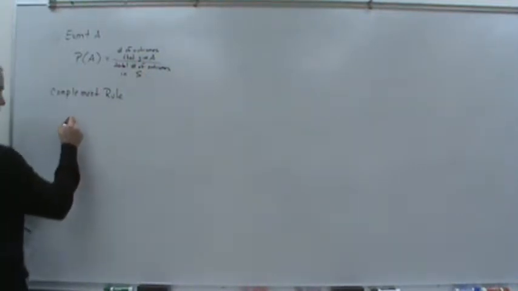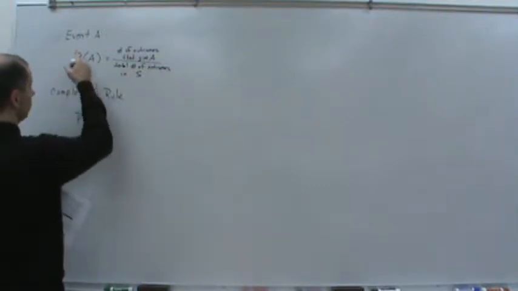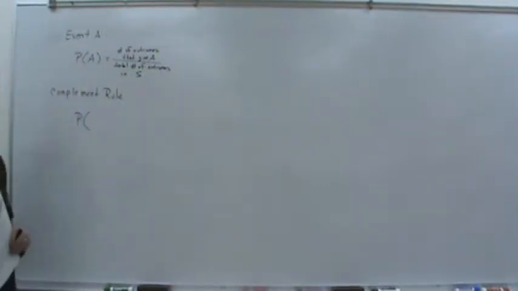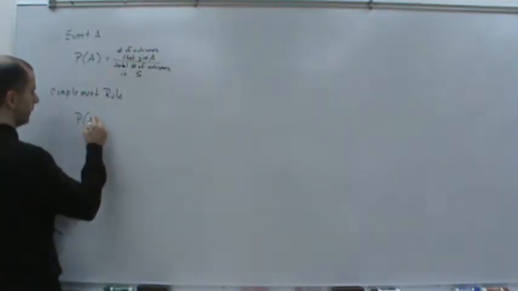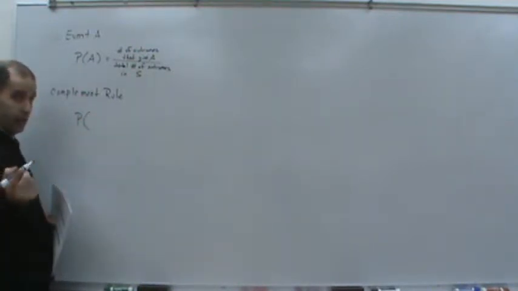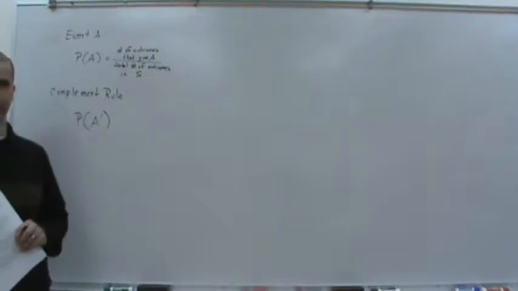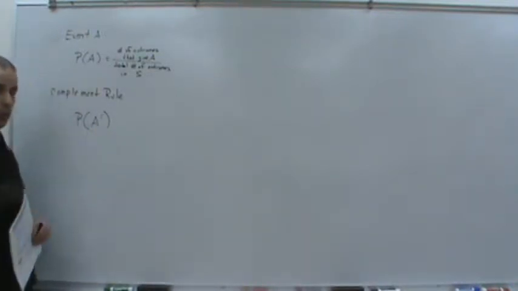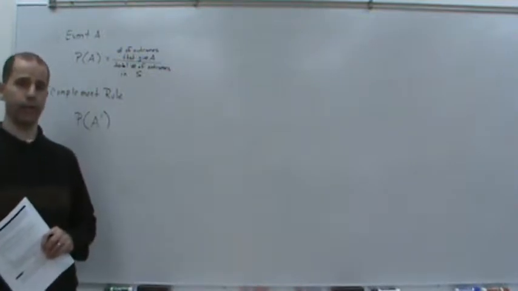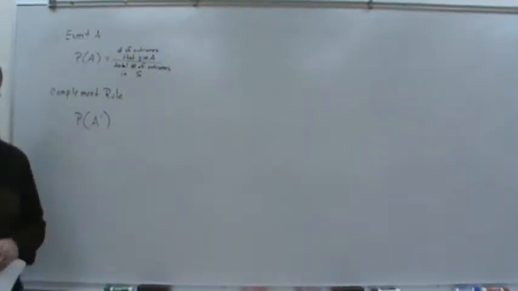So the complement rule is this. So if I have an event A, and I want to calculate the probability of the complement. And the way we denote the complement of an event is by using the apostrophe, or what we call prime. It's A prime is the way we call it, okay?